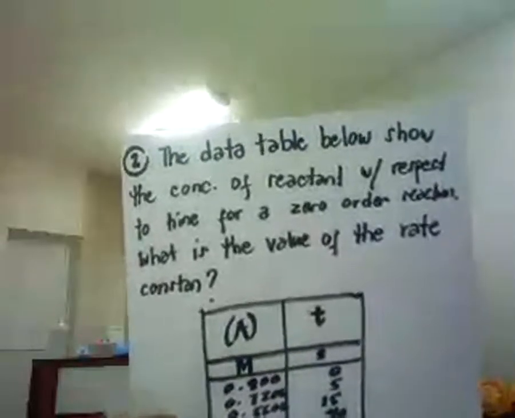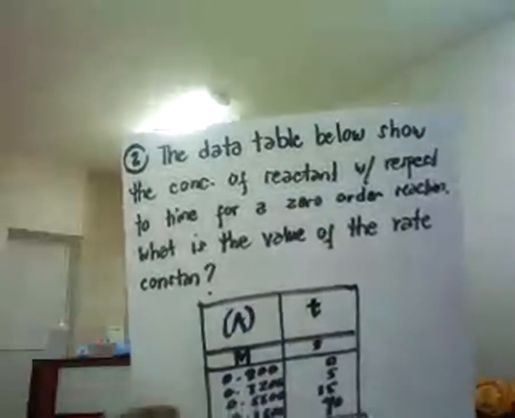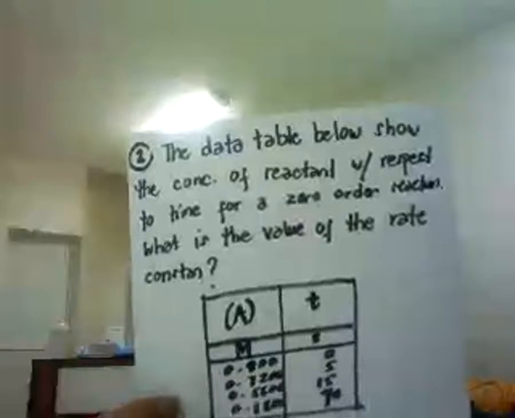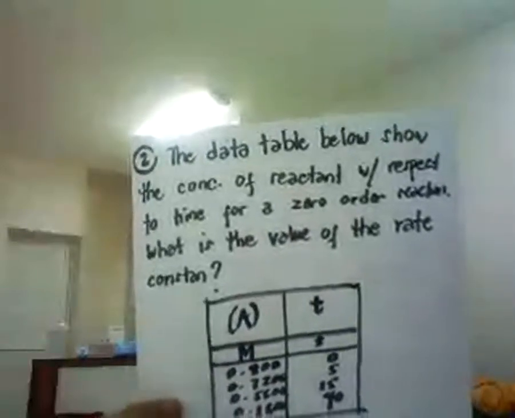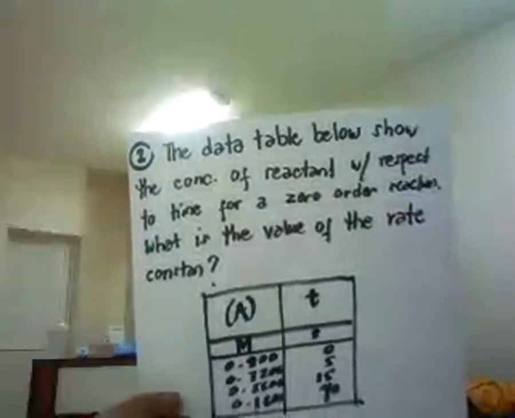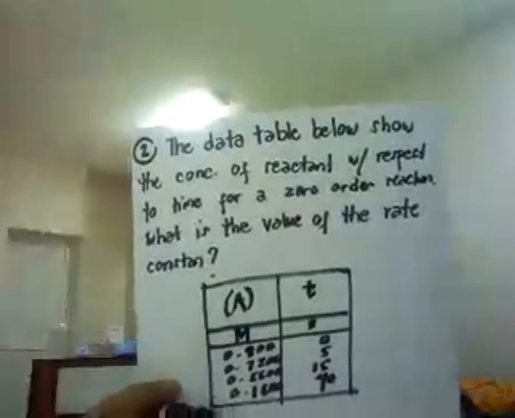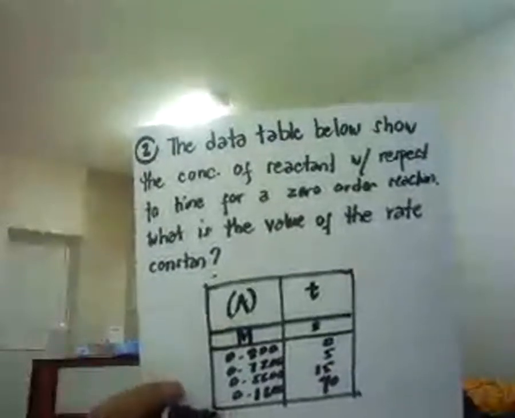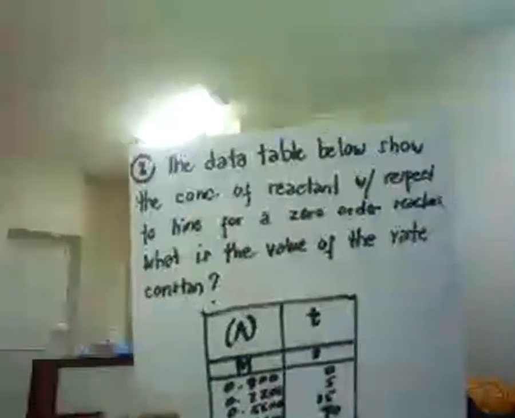We have the formula of K for the zero order reaction, in which R is equal to K directly. The molarity M for the concentration, in moles per liter, is 0.800, 0.7200, 0.5600, and 0.160, with corresponding times starting from 0, 5, 15, 40 seconds.